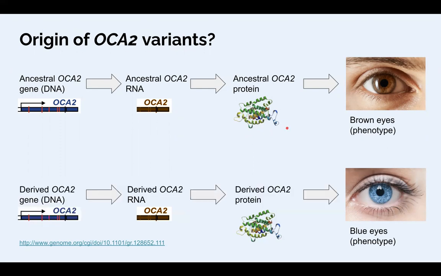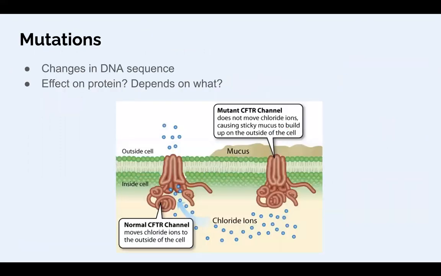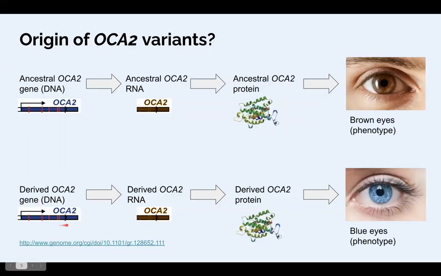And the blue eyes phenotype would be resulting from, say, a different version of the OCA2 gene. So with one of these differences that we talked about, that through the process of transcription produces RNA that's got whatever the difference is in the coding region, and then translation of that RNA gives you the derived protein.